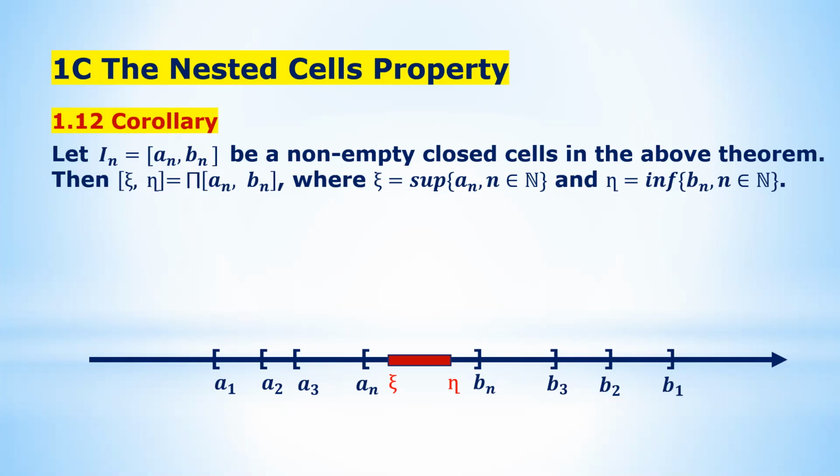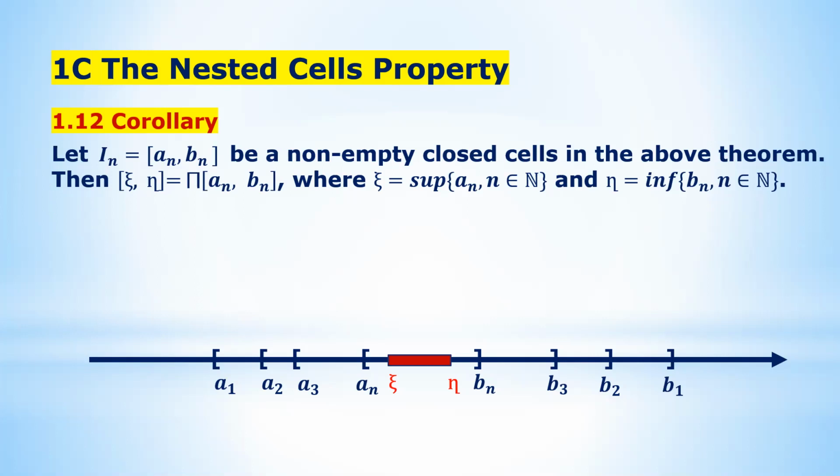Now, what we are trying to show in number 4 is this. Suppose the length of interval In approaches 0. Of course, I didn't say that. I am only saying that the length of In, which is Bn minus An, is less than any epsilon, as long as n is large enough.